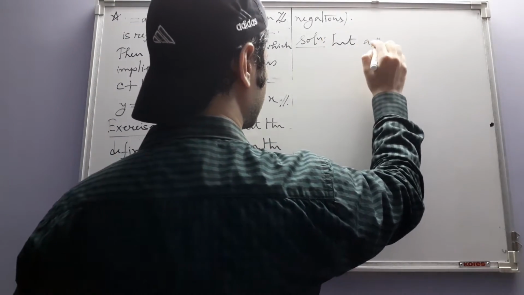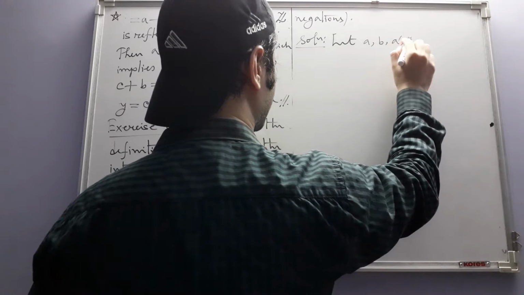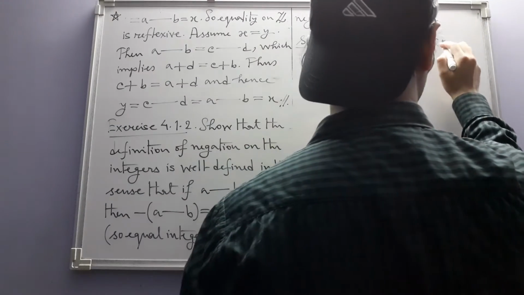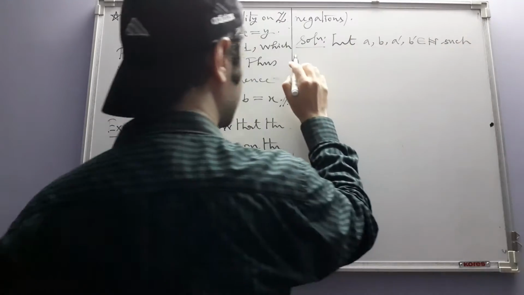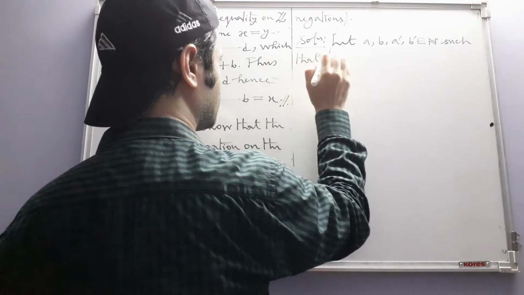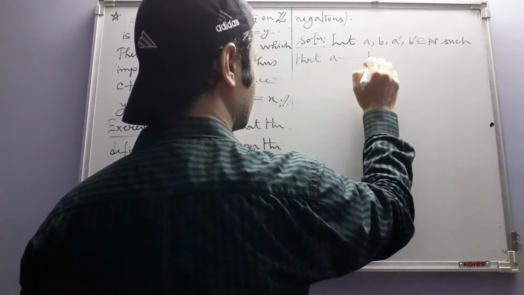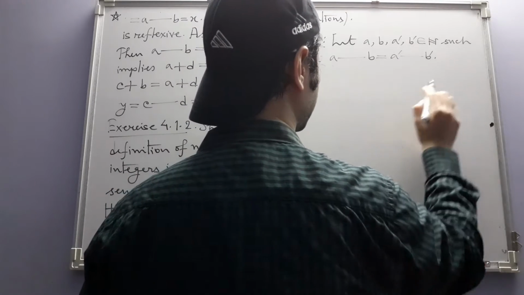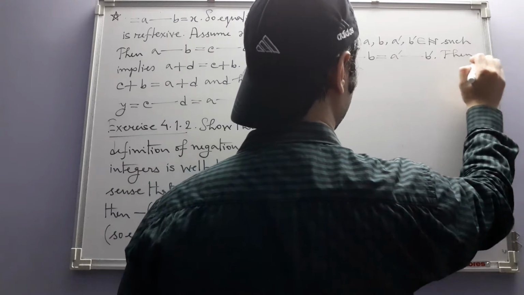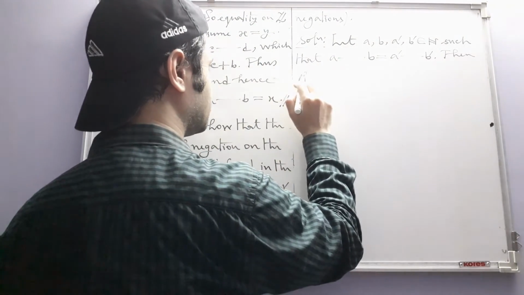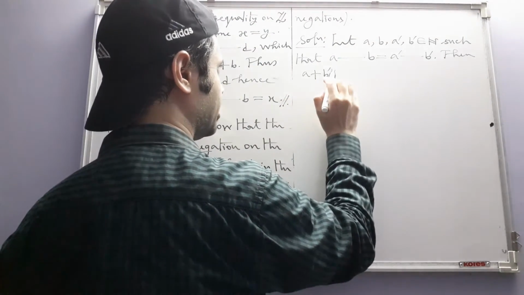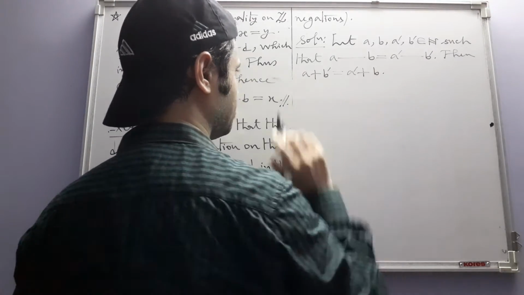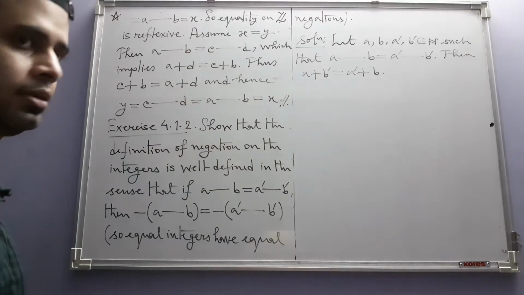Let a, b, a prime, b prime be natural numbers such that a dash b is equal to a prime dash b prime. Then by the definition of equality, a plus b prime is equal to a prime plus b. Now what do we need?